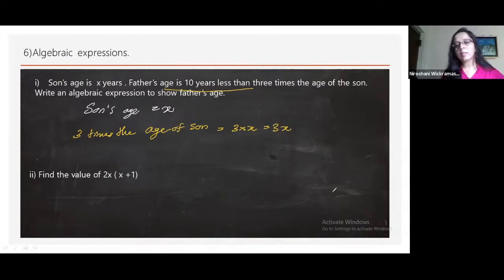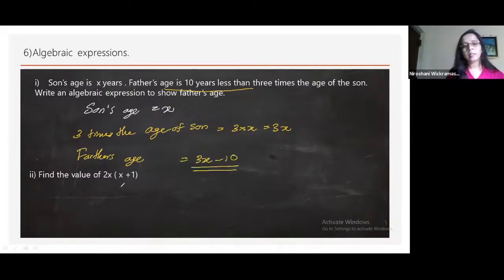We can arrange right here 3x. Then we can write 3x minus 10. 10 years less than 3 times the son's age.